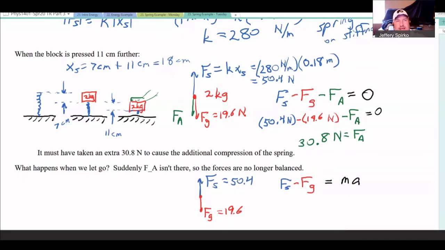So we already know what happens when we plug these numbers in and subtract them. We get 30.8 on the left side. Our mass is 2.0, so we get a equals 15.6 meters per second squared.